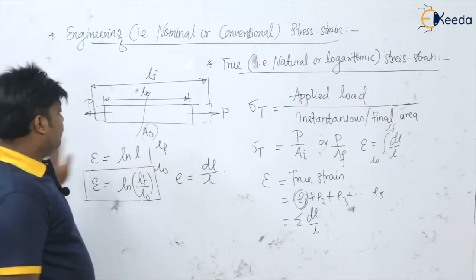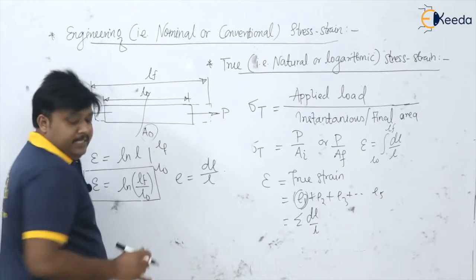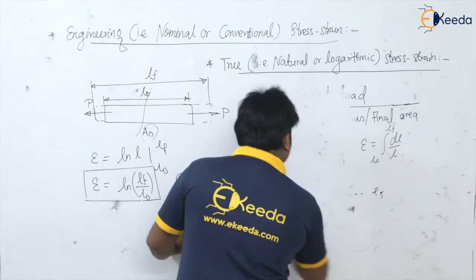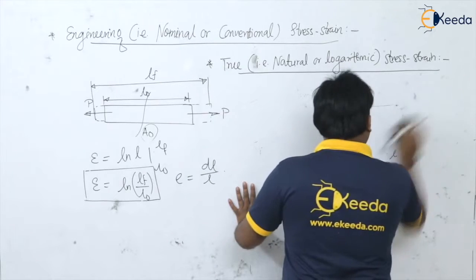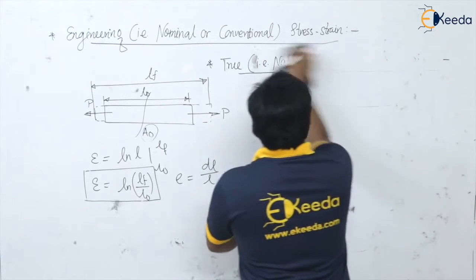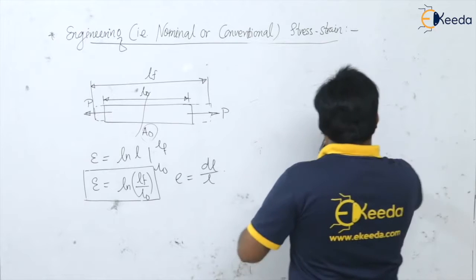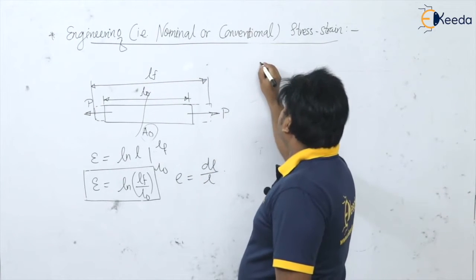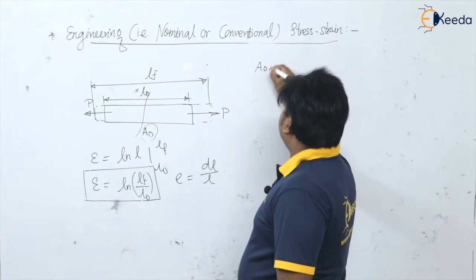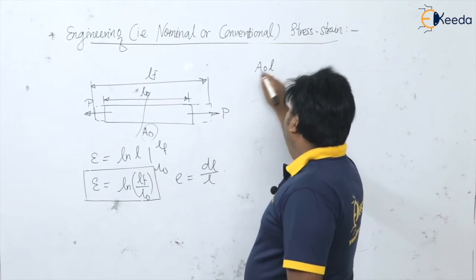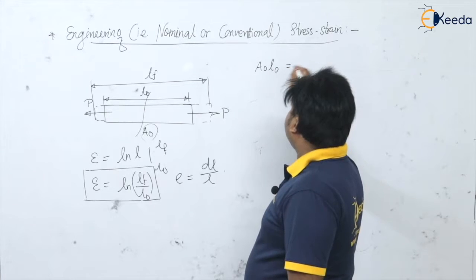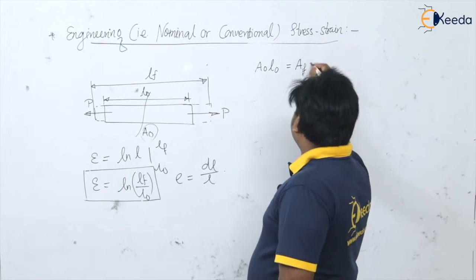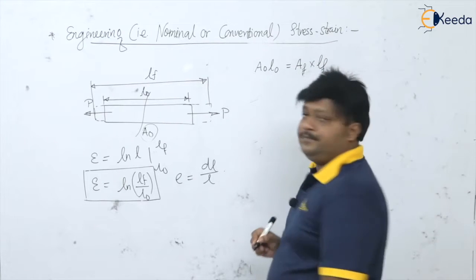Now for this specimen, of course in metal forming we are saying that the volume constancy principle is valid. So if it is true, then I can write for the specimen the volume before deformation, that is A naught into L naught, should be equal to the volume after deformation, that is A final into L final, isn't it?